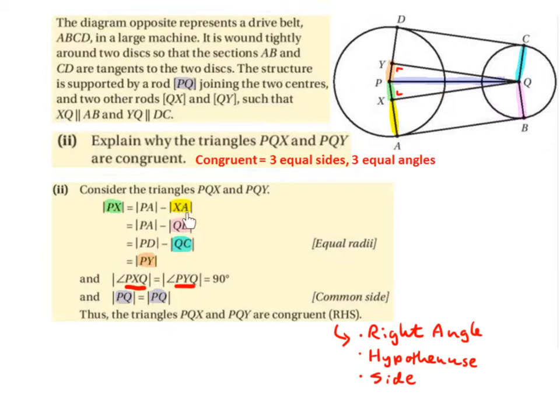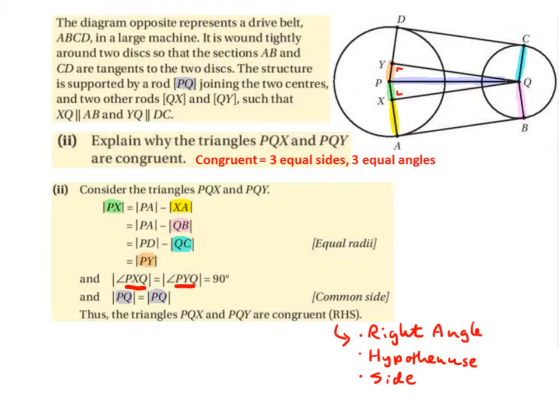Now XA is also equal to QB, and that was from part 1. So PA minus XA is the same thing as PA minus QB, which is also the same thing as PD minus QC.